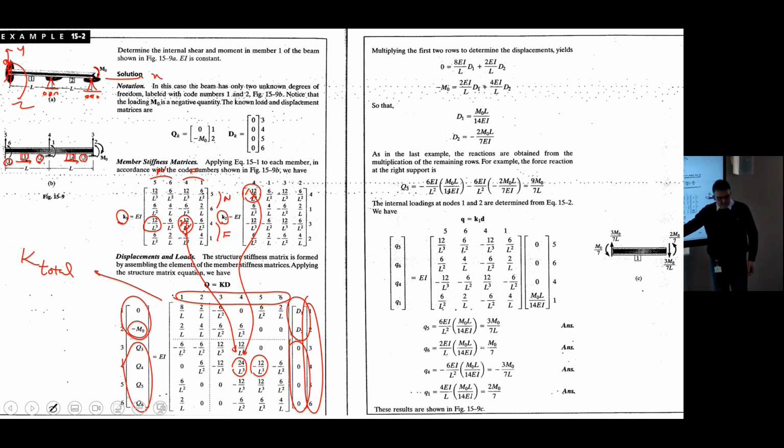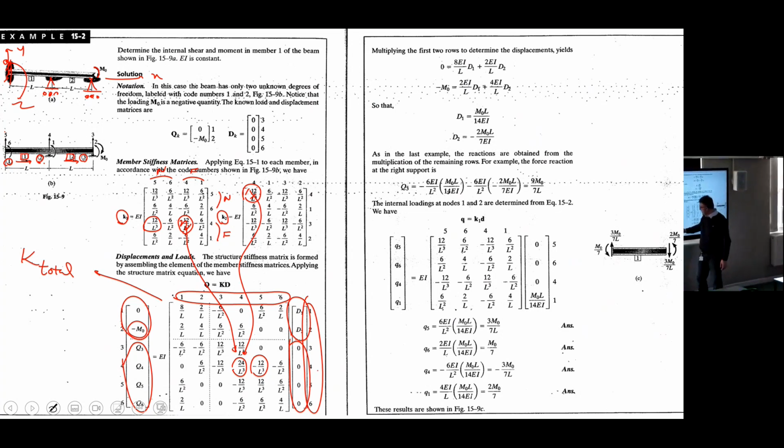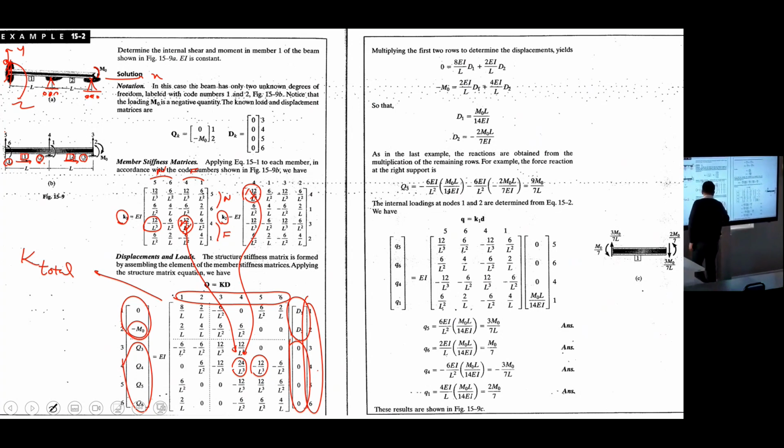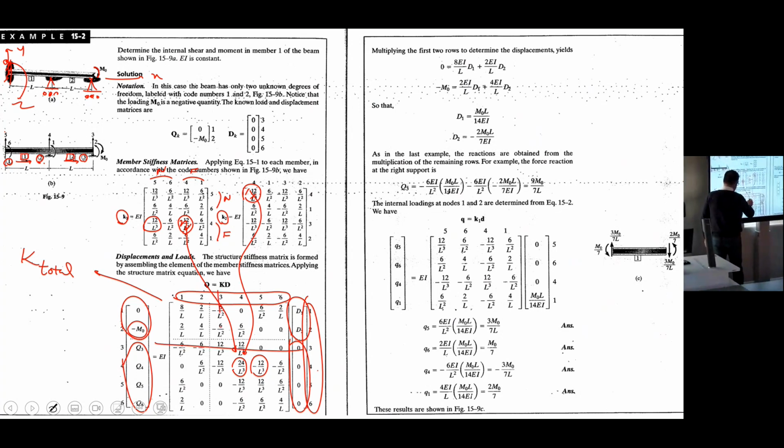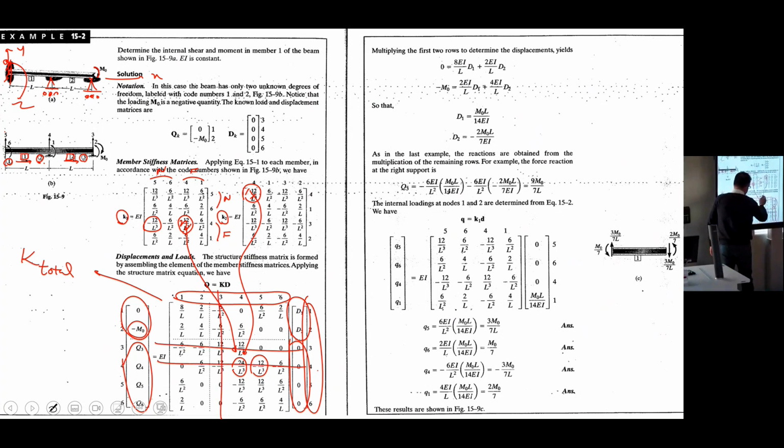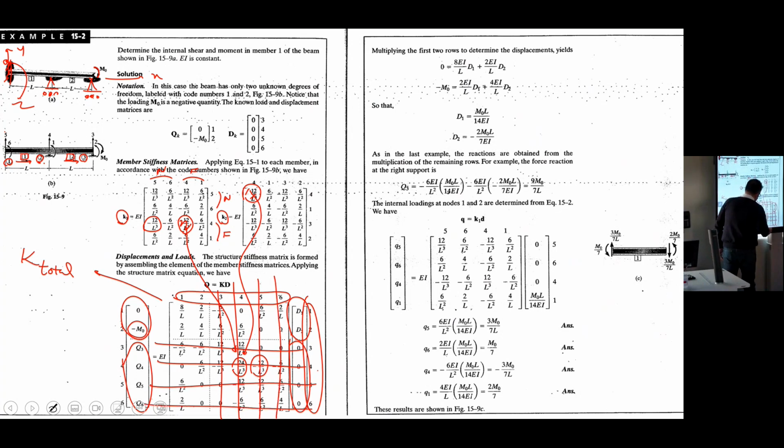We have 0 displacements here at rows 3, 4, 5, 6. 3 goes away, 4 goes away, 5 goes away, 6 goes away. Only this part remains. Okay?